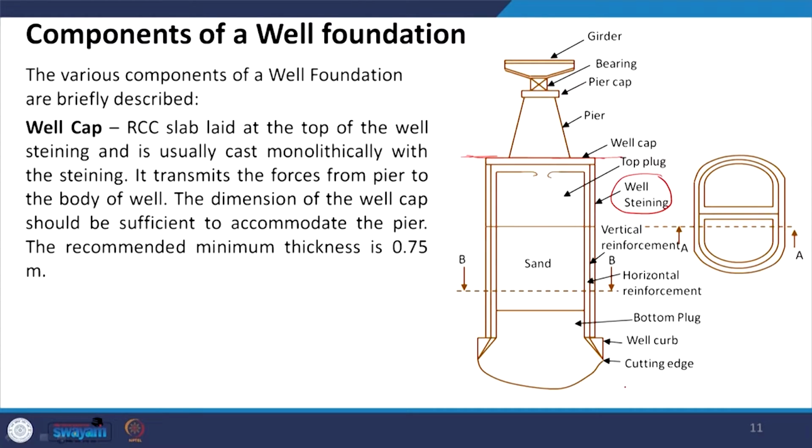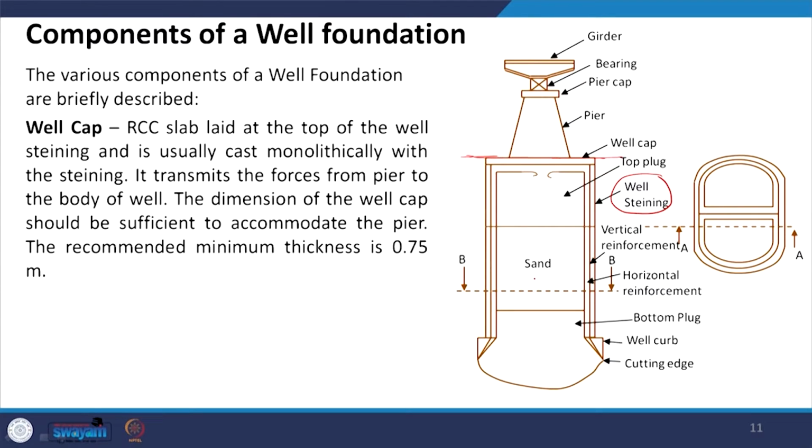Then bottom plug is there, top plug is there. The plugs are similar to those we discussed earlier for box caissons as well as open caissons. These are made of concrete and are used to seal the bottom as well as the top. Then in between you have the sand, and naturally this sand portion is quite big compared to the top plug and bottom plug.